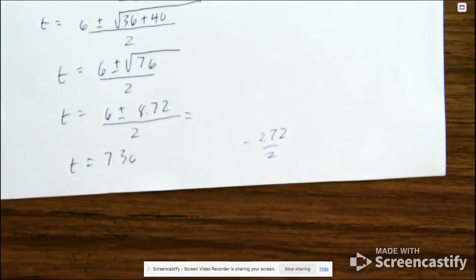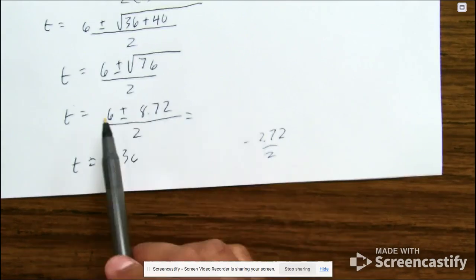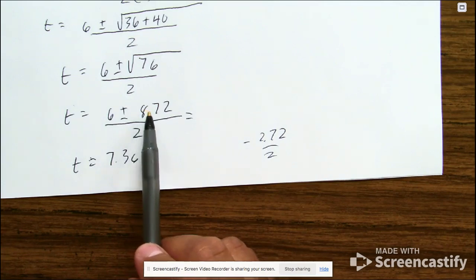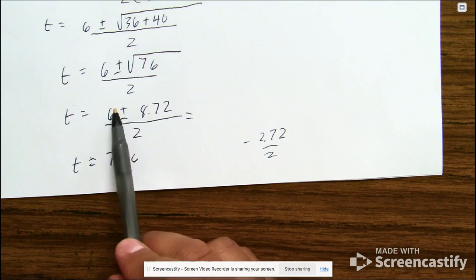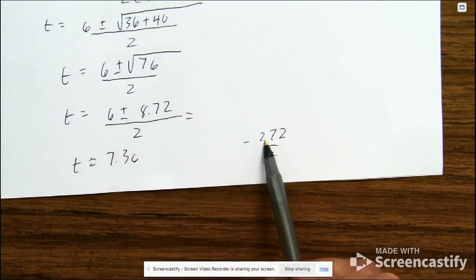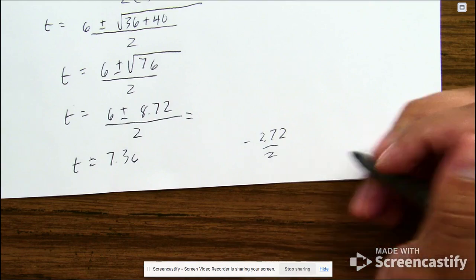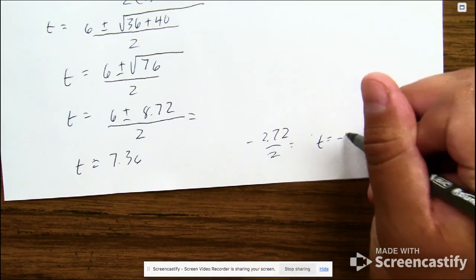So once again, 6 plus 8.72 gives you 14.72, and you divide it by 2, you get 7.36. When you say 6 minus 8.72, you get negative 2.72 divided by 2, and you get negative 1.36 or something like that. So that would say t is equal to negative 1.36.